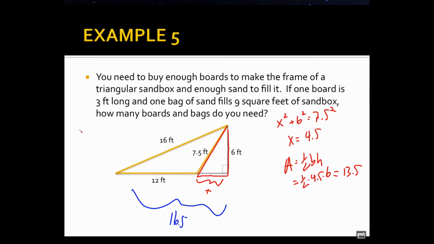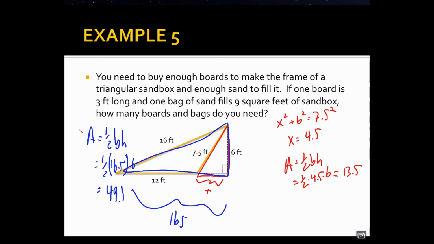The big one, the yellow one, or the small one? The big one would be 49.5. Uh-huh.